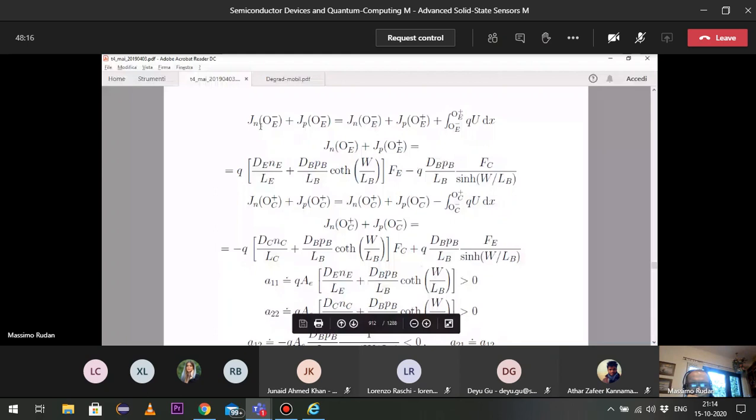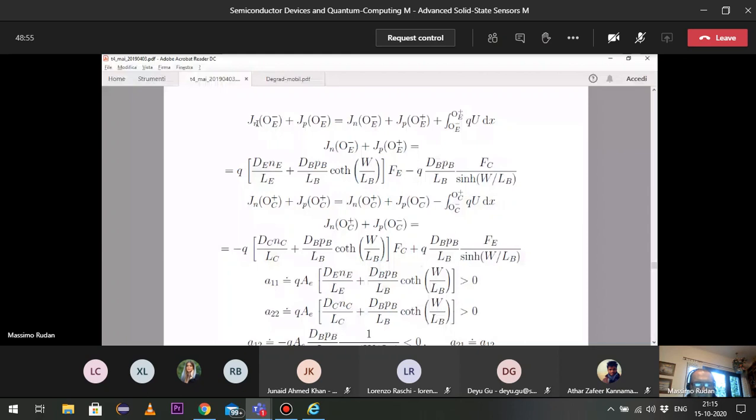When we calculate this quantity at 0E minus, inside the emitter, eventually the result of the first calculation will be the emitter current density of the device. Obviously, the emitter current density is equal to the current density of the electrons plus the current density of the holes at the same position, 0E minus, for instance.